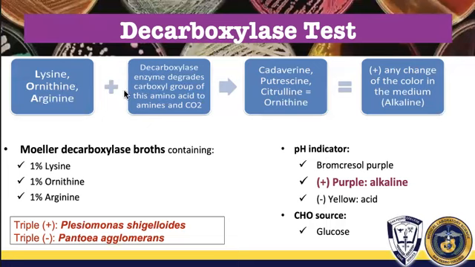Arginine will be acted upon by the dehydrogenase enzyme and reduced to citrulline, then further reduced to ornithine, and once it is ornithine, the decarboxylase enzyme acts on it to reduce it further into putrescine. So ornithine and arginine have the same end result. Once these amines are produced, they will turn the media alkaline.